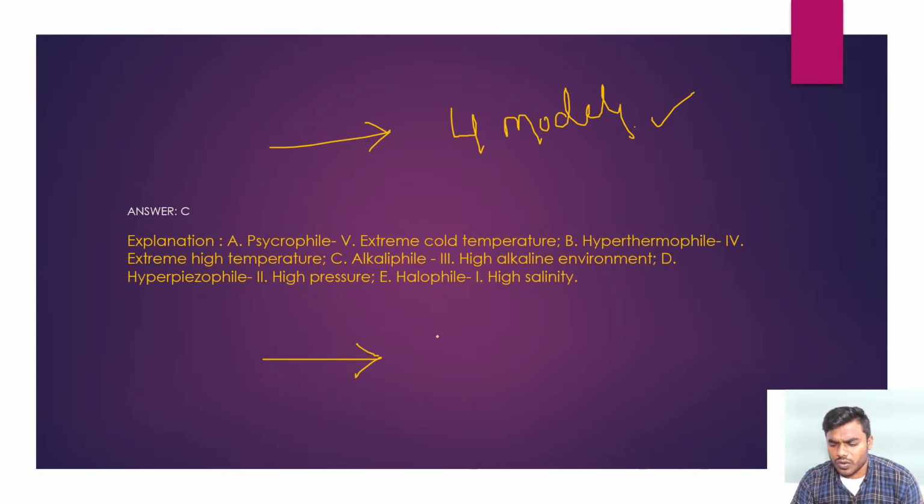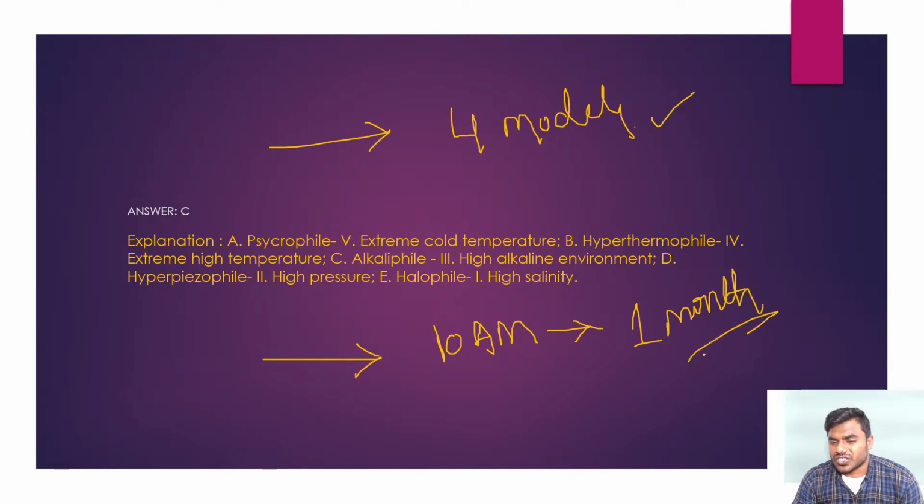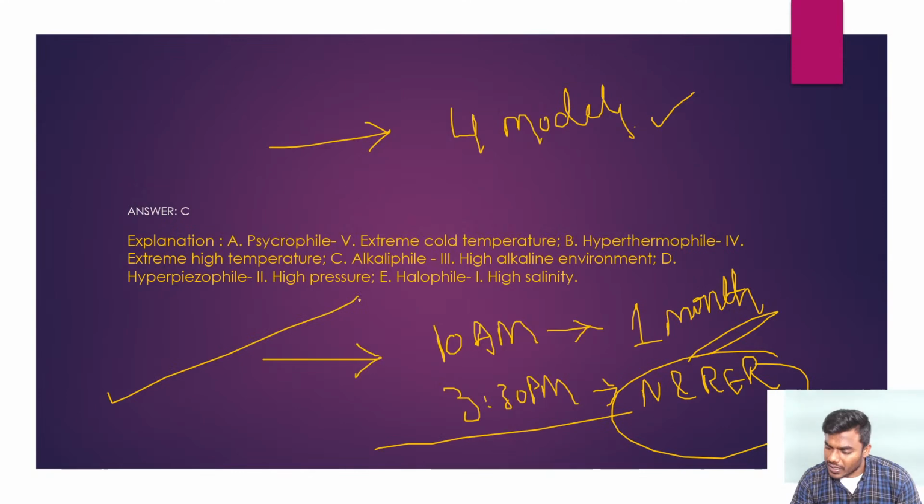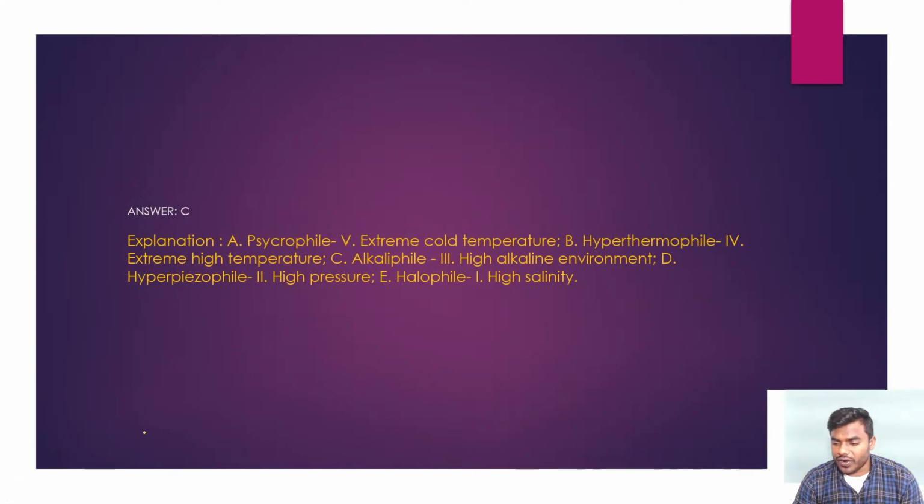One class is at 10 a.m. In the 10 a.m. class we will discuss the 1 month strategy, and at 3:30 p.m. we will discuss the numerical part, and we will finish the RER as well in tomorrow's class. So by tomorrow these 4 topics of cell biology will be finished. Then I'll move immediately to the other chapter. I hope it's clear for everyone.